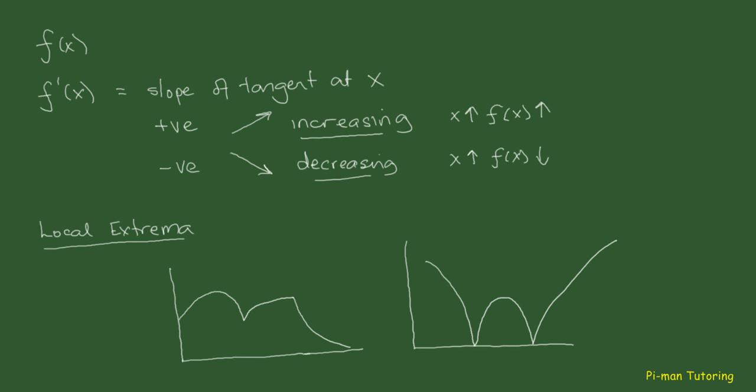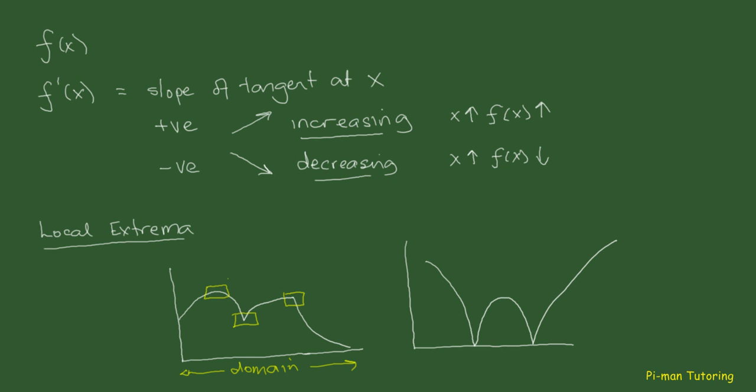So just to clarify what we mean by local extrema, as we scan through, we'll call this the domain of this function, let's say it's only defined over this range, then we can see that in this location we have a peak, and in this location we have a valley, and in this location we have a peak.